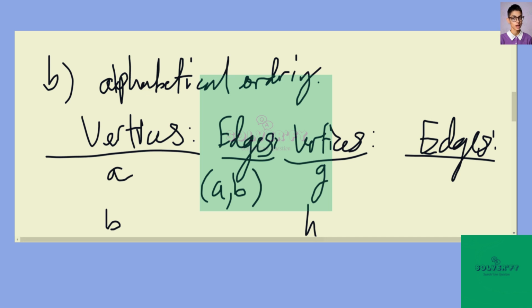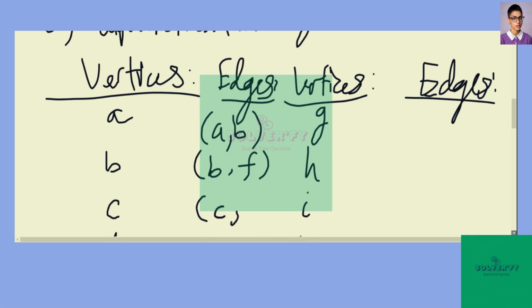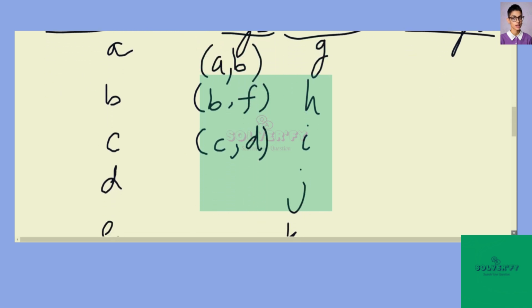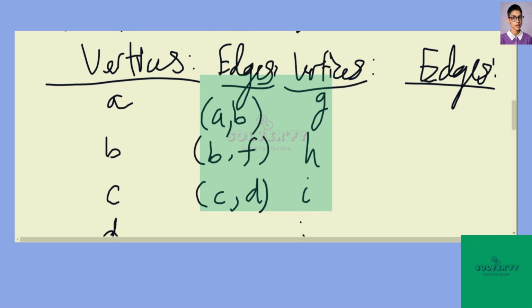The edge incident to B with the smallest weight is the edge BF with a weight of 1. The edge incident to C with the smallest weight is the edge CD with a weight of 1. The edge incident to D with the smallest weight is again the edge CD with a weight of 1.